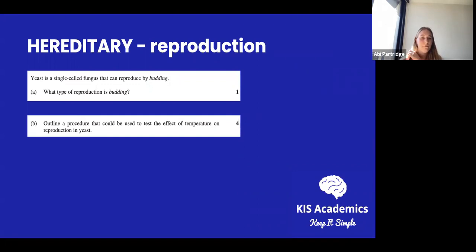And if you don't want to write out the full procedure for part B, maybe just dot point what you might need to include in your answer. Emma might put up a poll when you're done. I'll give you a couple of minutes or so.